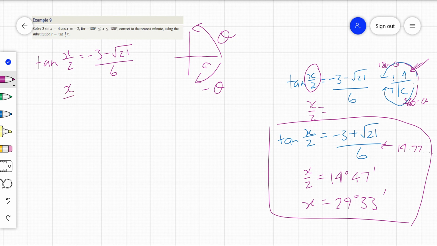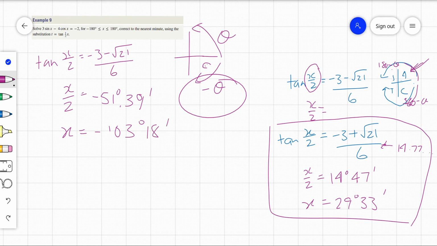So I would get x on 2 equals 51 39, and remember I want this negative theta, so negative 51 degrees, 39 minutes. Then of course I need to double it, which I forgot, so I'm getting negative 103 degrees and 18 minutes, because it's 30 there.